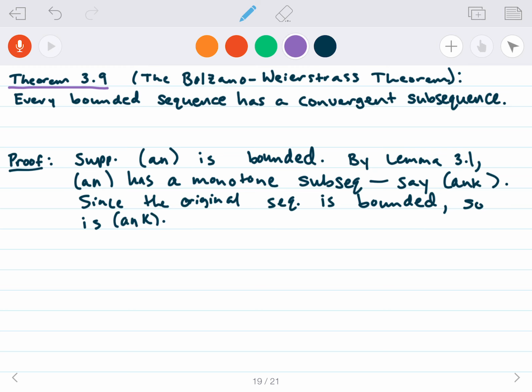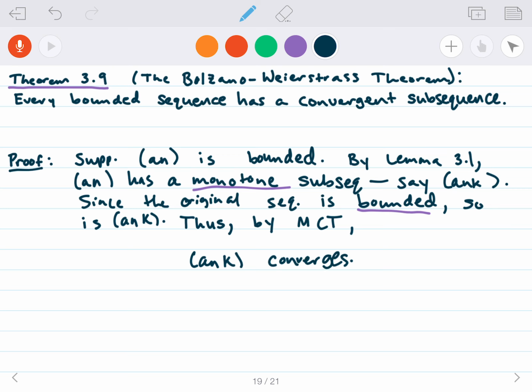So now we have that the subsequence is bounded, and we have that it's monotone, and so it converges by the monotone convergence theorem. Okay, so that is the proof of Theorem 3.9.